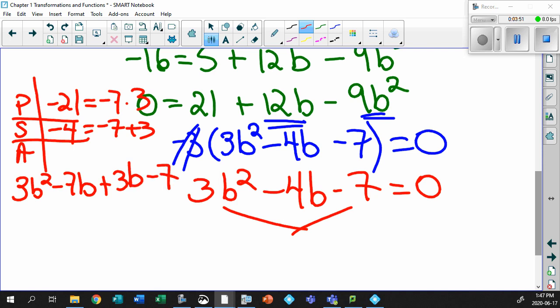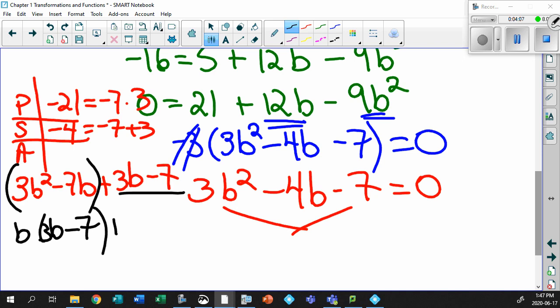Let's group factor this now. You can take out a b on this guy, leaving you with 3b minus 7. And on this one, you can only take out a 1, leaving you with a 3b minus 7.